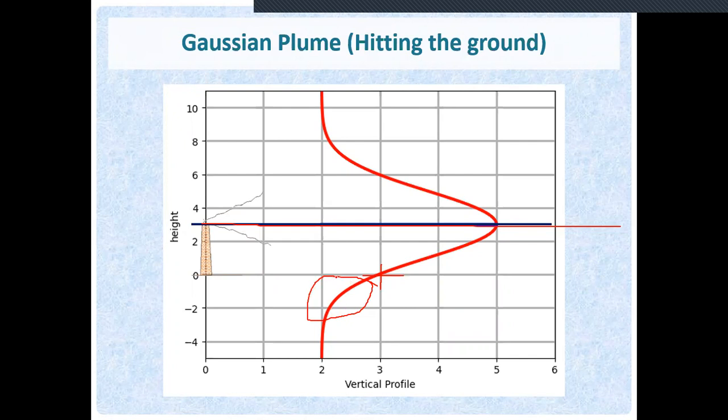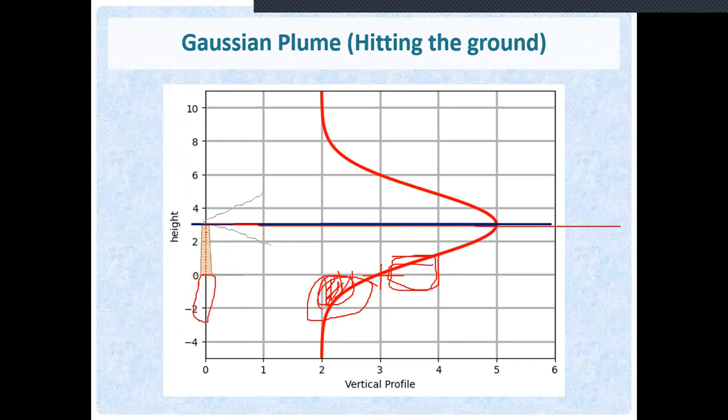This concentration is going to be settled on the ground. Therefore, we have to add all this concentration on the surface of the earth. To figure out this calculation, this contribution of the plume, and add this to this place on the earth, we use the method of images, which is to consider an imaginary stack.